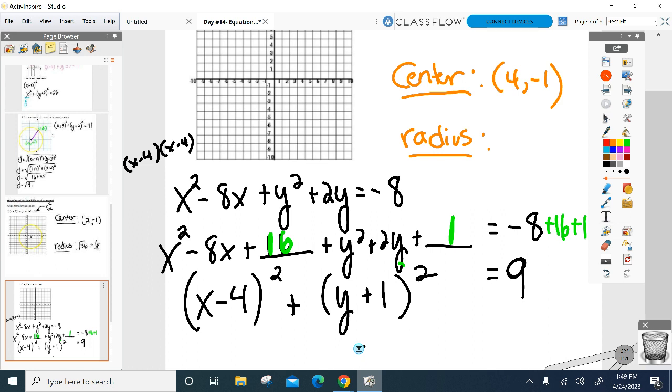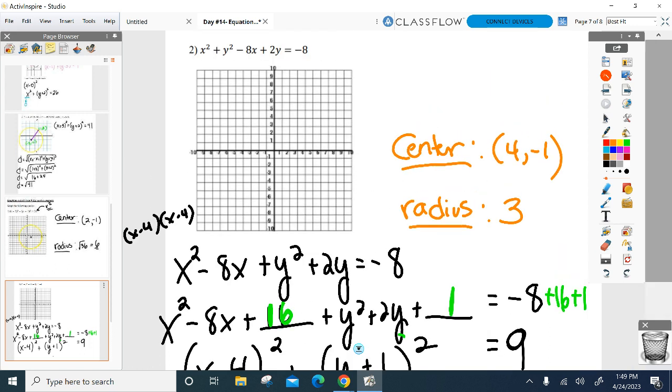Which one? Are you confident? I can never tell. 3, yes. All right, go ahead and graph it now. 4, negative 1, up, down, left, right, 3 units.